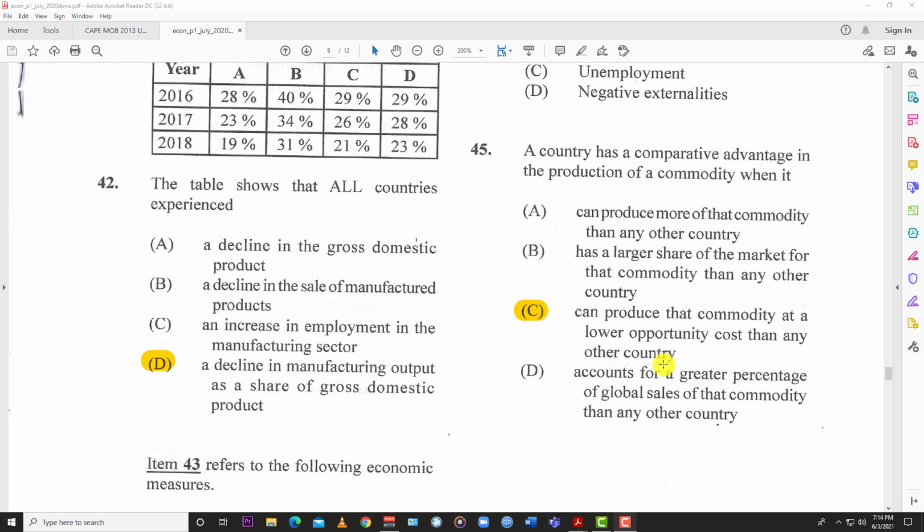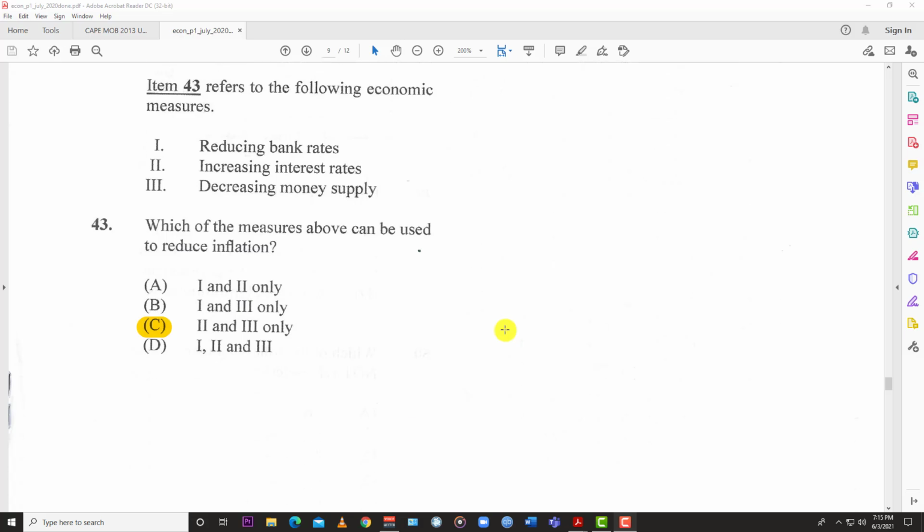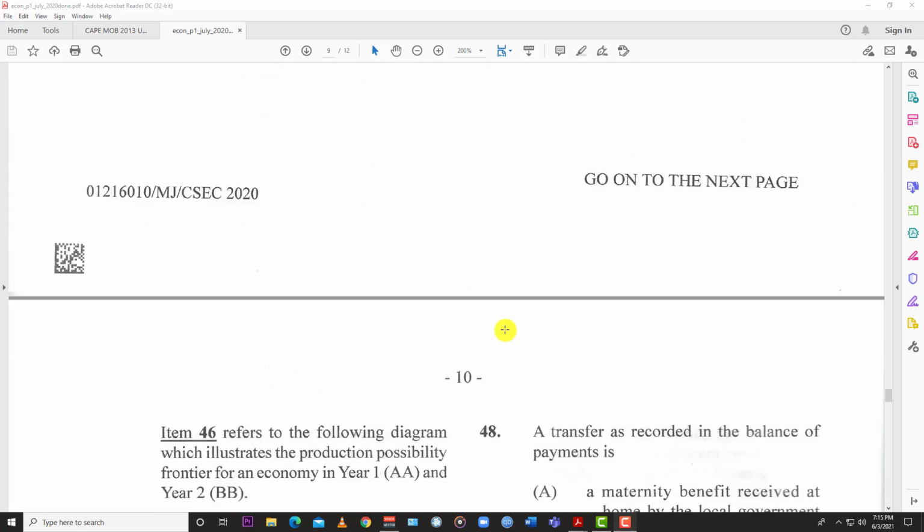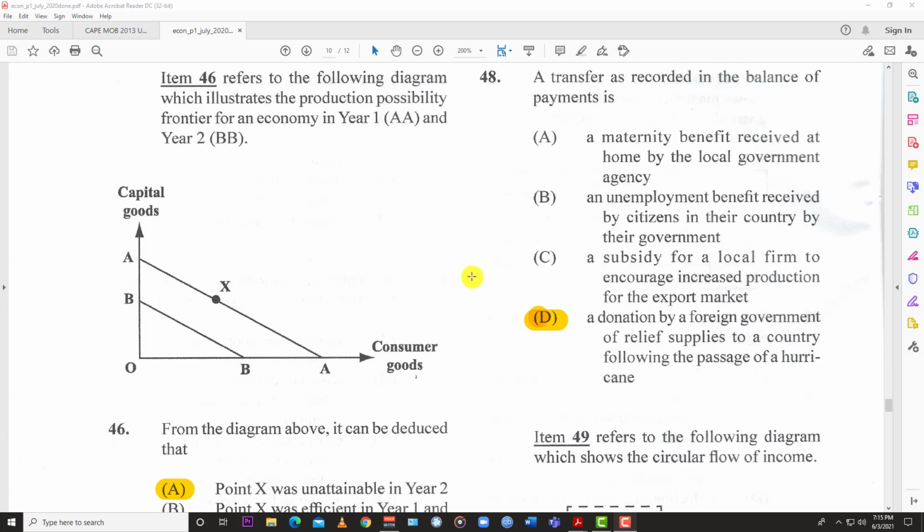So that's what absolute advantage would be, if you can just outright produce more. Comparative advantage is you produce at a lower opportunity cost. And so that is why the answer is C. So that's 45.